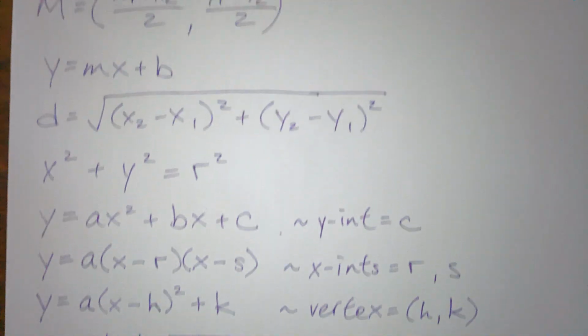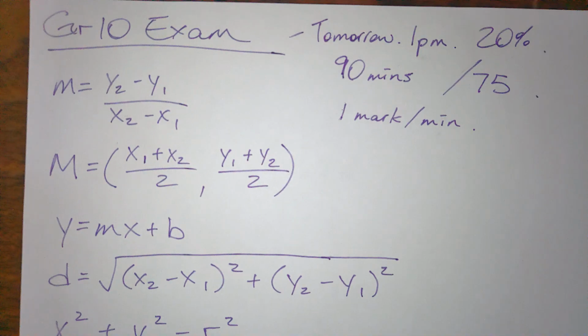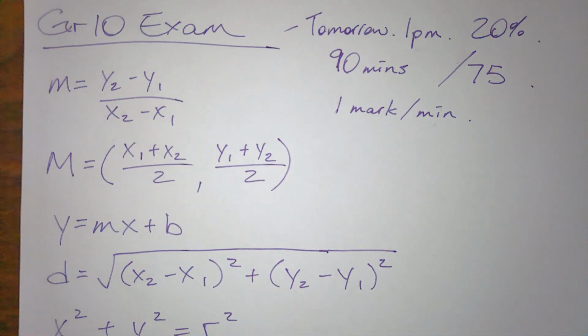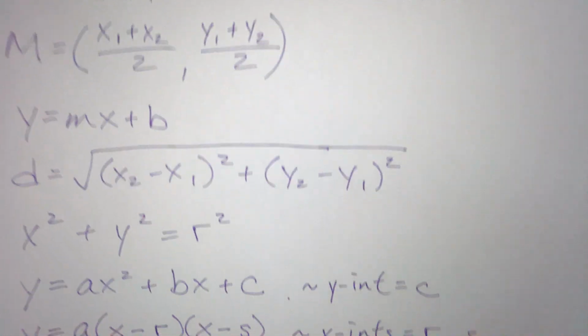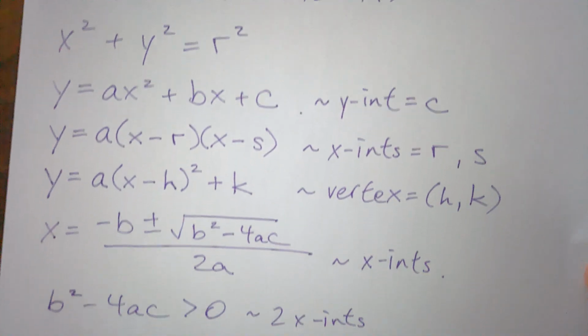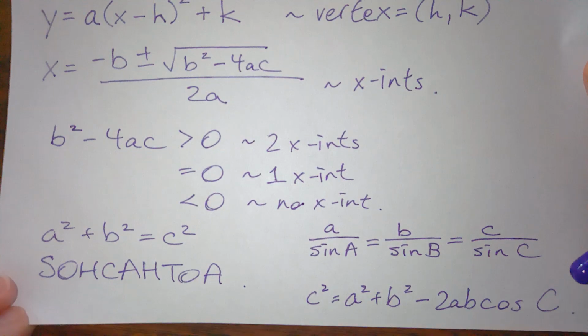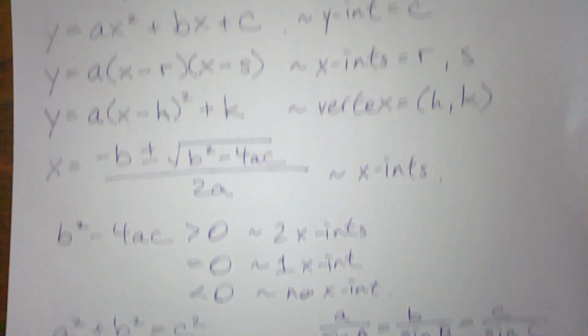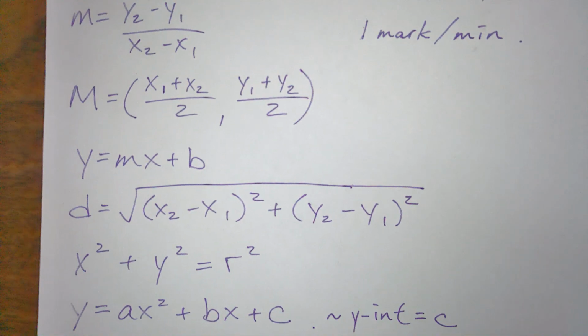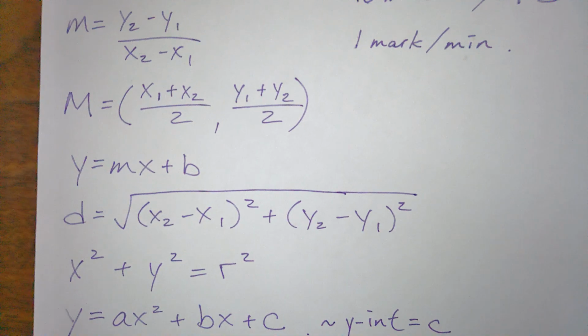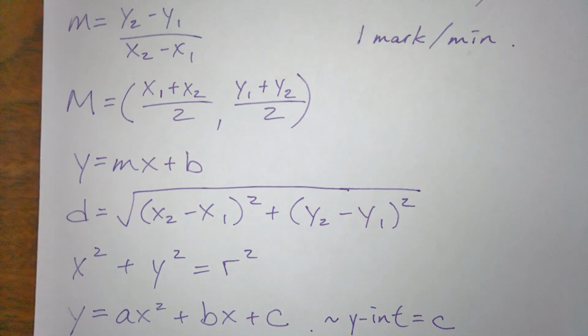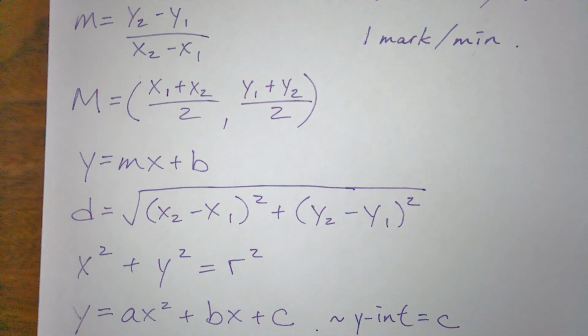If you can remember these formulas, you can at least get like 20-30% because once you have it, you're just plugging in numbers. Can you guys memorize all this? You have exactly 24 hours to memorize it because it's 1 o'clock right now.